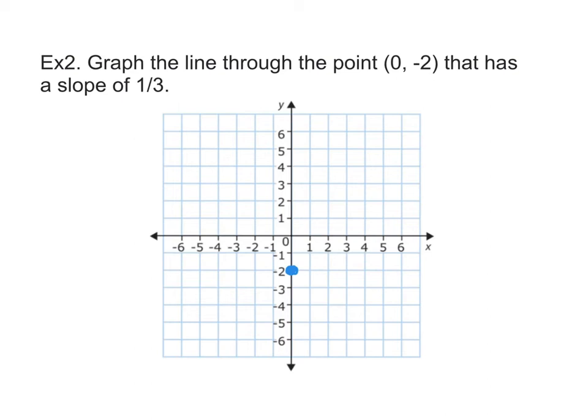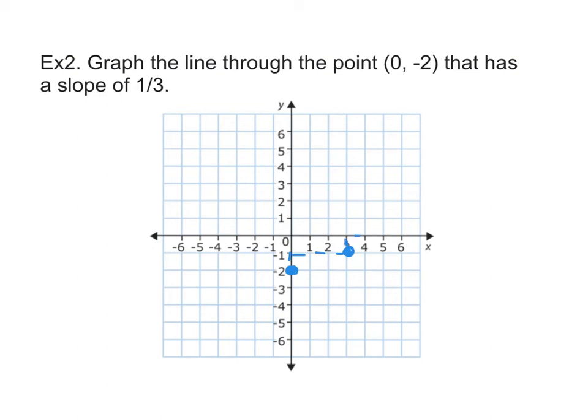So I'm going to go from this starting point, up 1 unit, right 3 units to get to the next one. Up 1, right 3. And there's my next dot. We're going to do the same thing to get even more dots if you like.